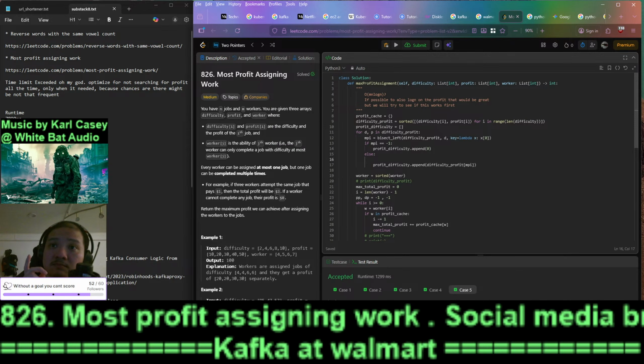maximum from, okay, hold on, bisect right here. So if we found, so let's say, hold on, we know the difficulty, and we gotta look in the profit, right?